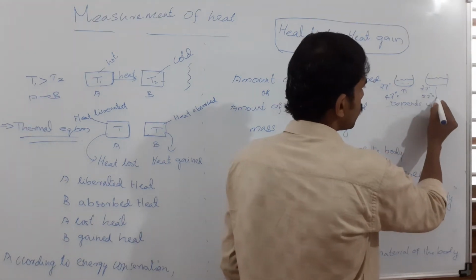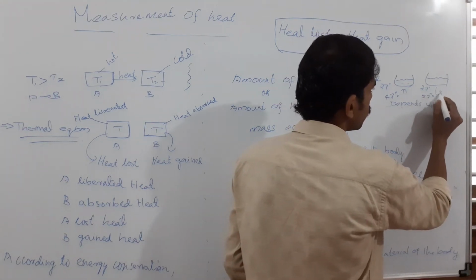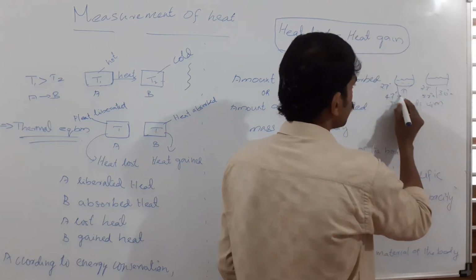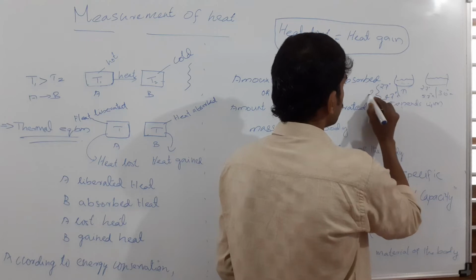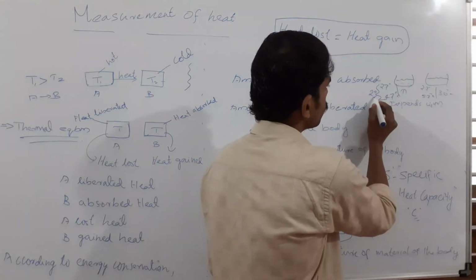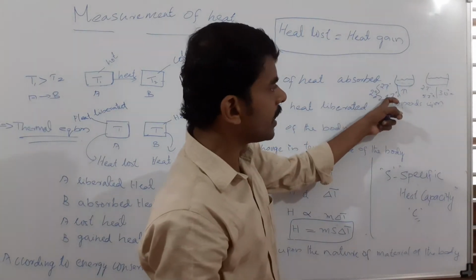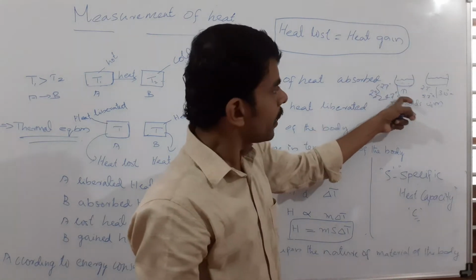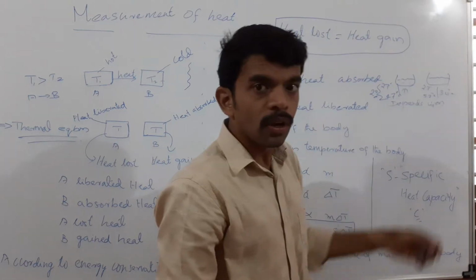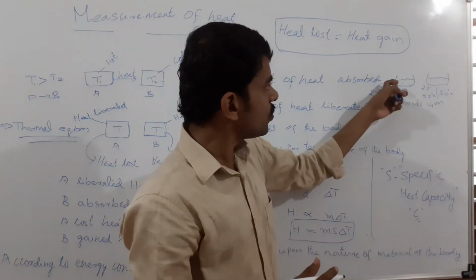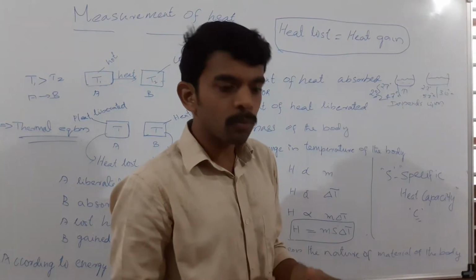So what is the change here? The change here is 30 degrees Celsius. What is the change here? The change here is 20 degrees Celsius. In order to change the temperature by 30 degrees, we have to give more heat.